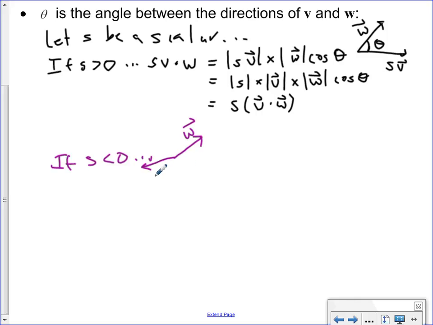So this is going to be sv over here. To measure this angle, it would be pi minus theta, because the reference angle is right here.